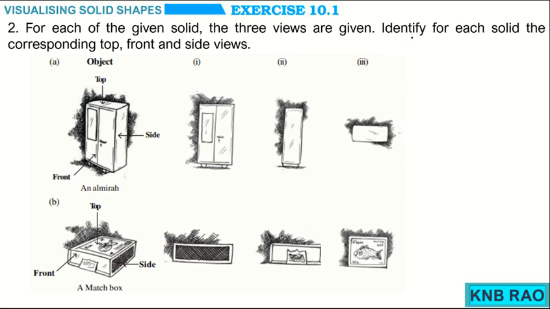Now you need to identify, very important, for each of these solids the corresponding top, front and side views, and you have to write them. For example, for the almirah, I say this is the front view, whereas this is the side view and this is the top view. For your help, I wrote for this one. So for the rest of the questions, you have to do it.